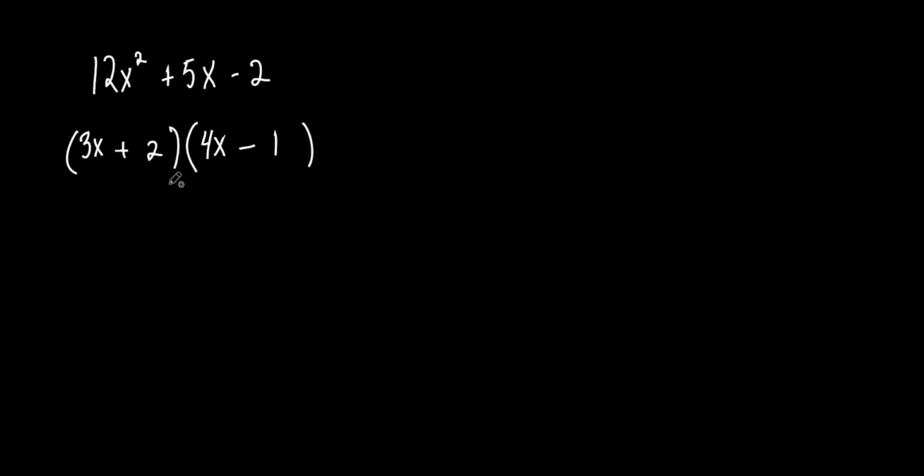Positive 8x. Okay. So negative 3 plus 8 is what? It's positive 5. Negative 3x plus 8x. Check it out. You actually just factored it in one shot, one guess, all right?